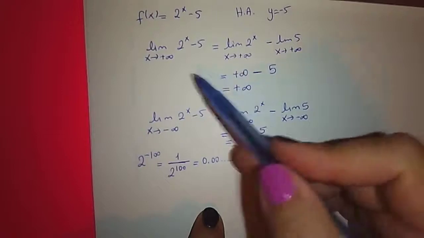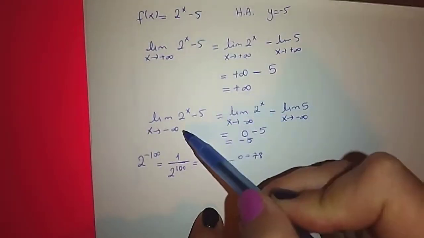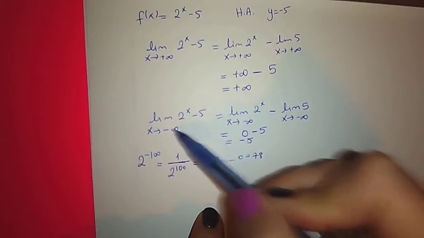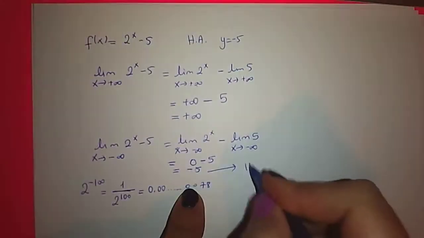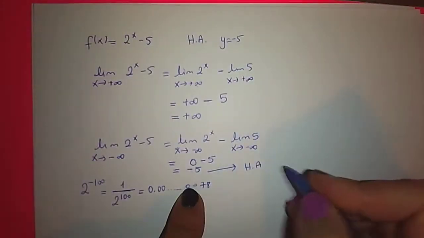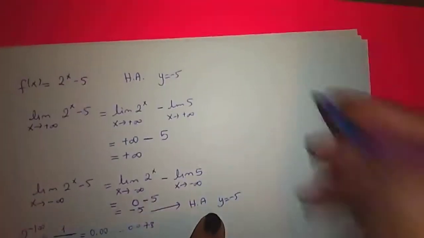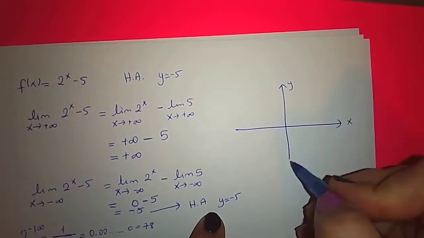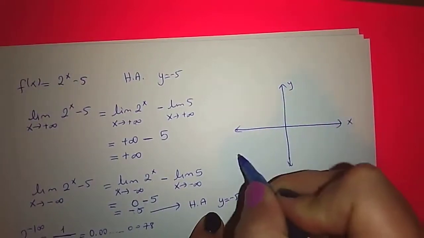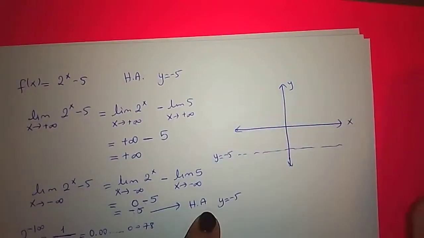So as you see, as x approaches positive infinity, the function approaches positive infinity. However, when x approaches negative infinity, the function approaches -5. So this is where we are getting the horizontal asymptote, y equals -5. If you were to sketch this function, you know that you will now have a horizontal asymptote at y equals -5.